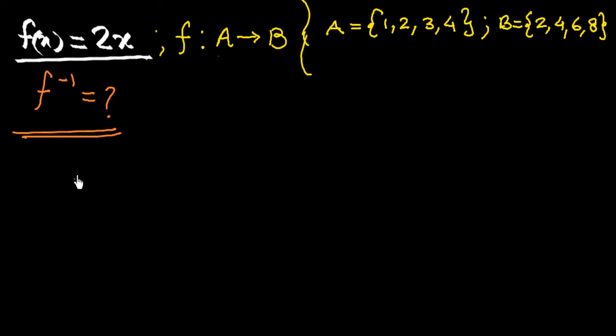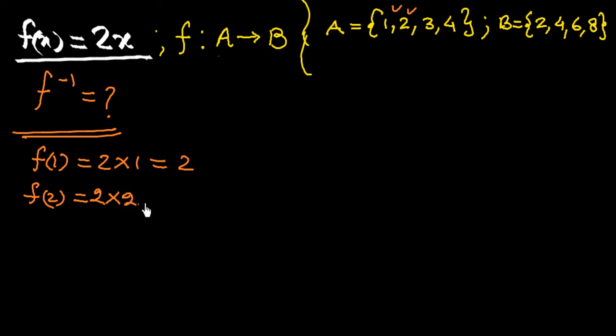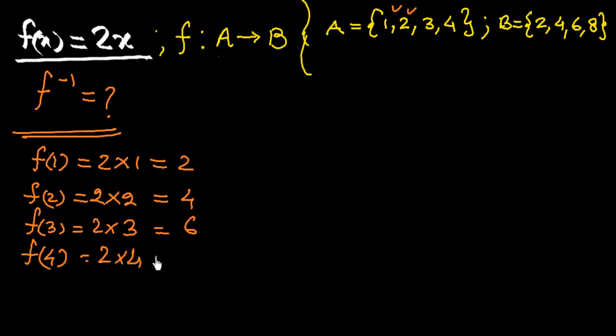If we find f of 1, it is 2 into 1, which is 2. f of 2 is 2 multiplied by 2, which is 4. And f of 3 is 2 into 3, which is 6. And finally f of 4 is 2 into 4, which is 8.